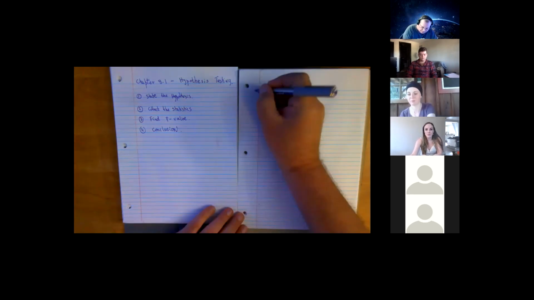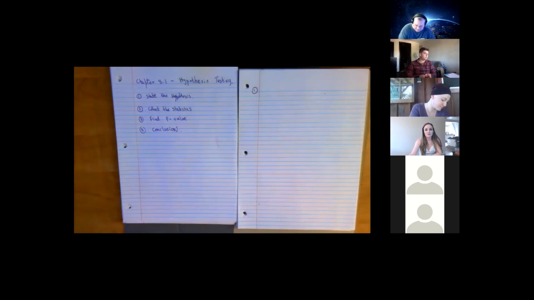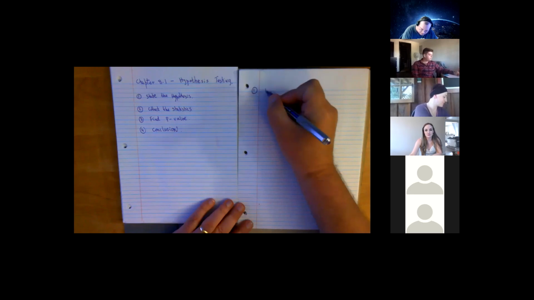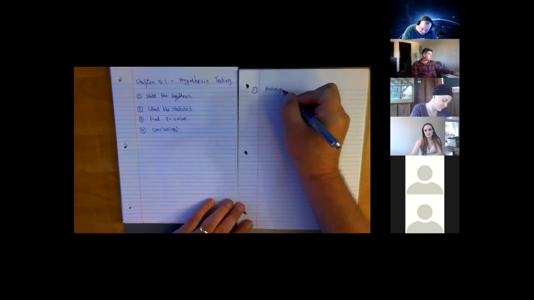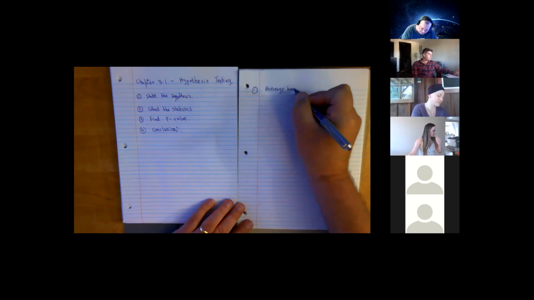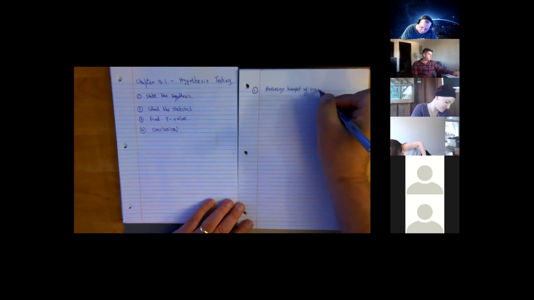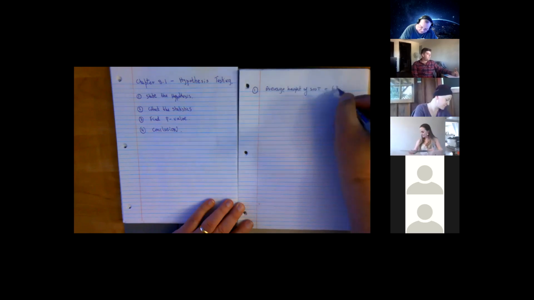So here's our first example. Let's assume that back in the day, the average height of Scottish people was 63 inches.